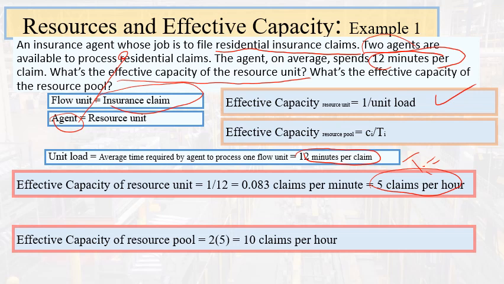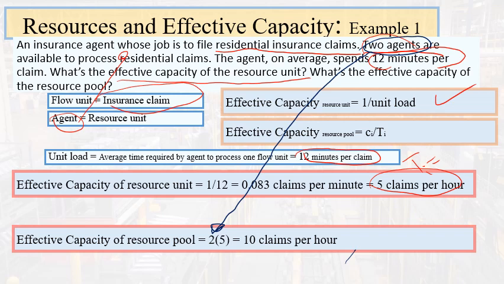Now the effective capacity of the resource pool is just, because we know there are 2 agents here, we take these 2 agents and multiply them by what we got in terms of the effective capacity of the resource unit. So we know the effective capacity of one resource unit happens to be 5 claims per hour, we multiply by 2 and we get 10. Now we could have used the equation also.